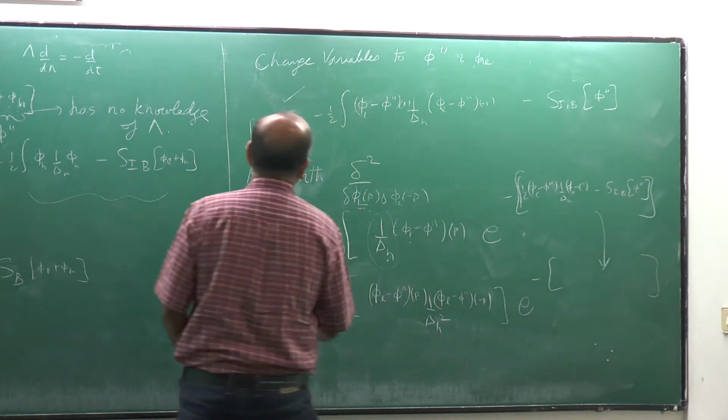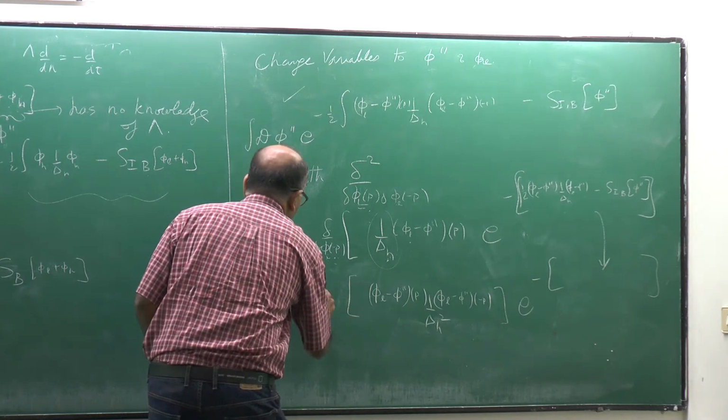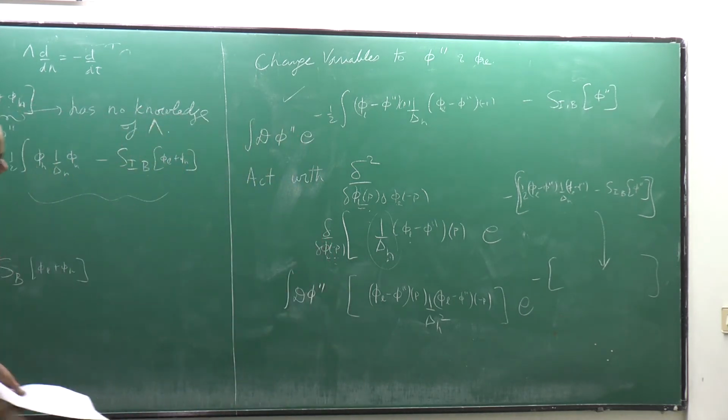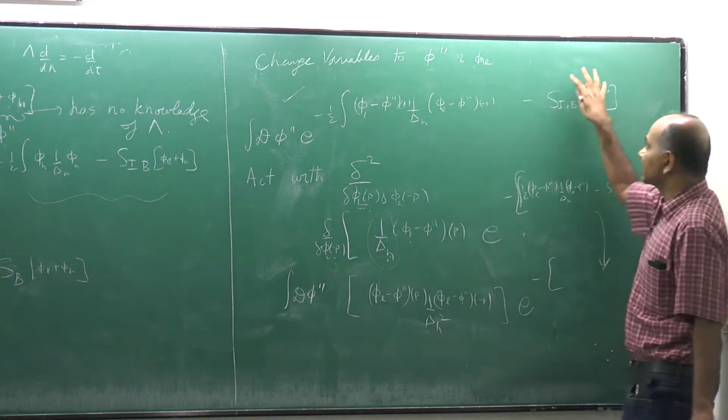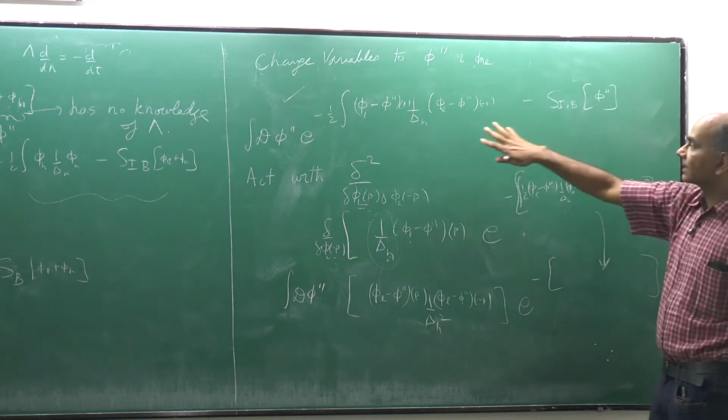And this is all inside the integral sign. Okay. Is this clear? So the crucial point is that after the change of variables, this is untouched. It acts entirely on this.